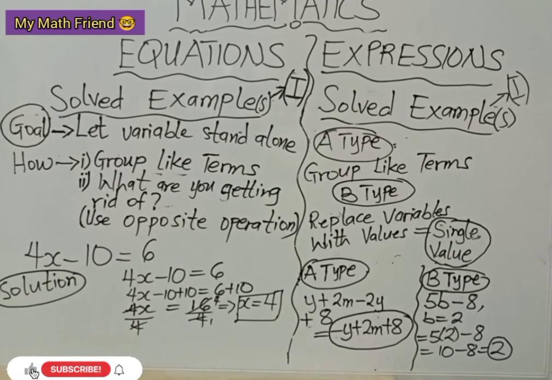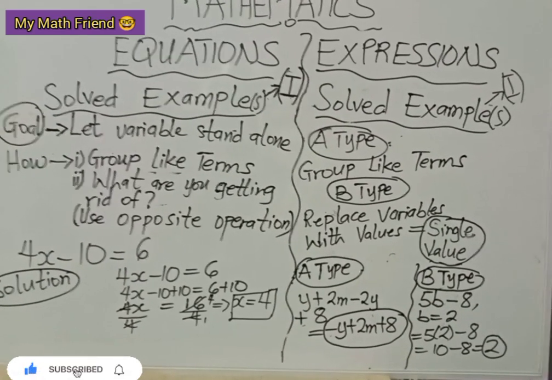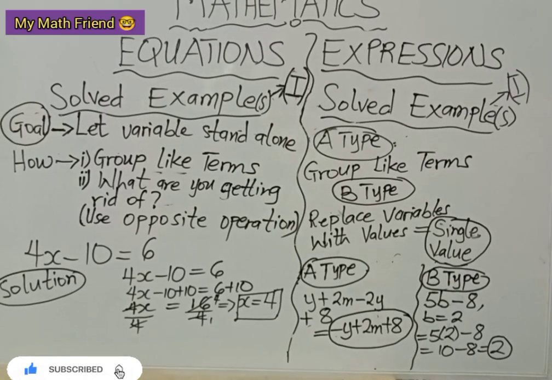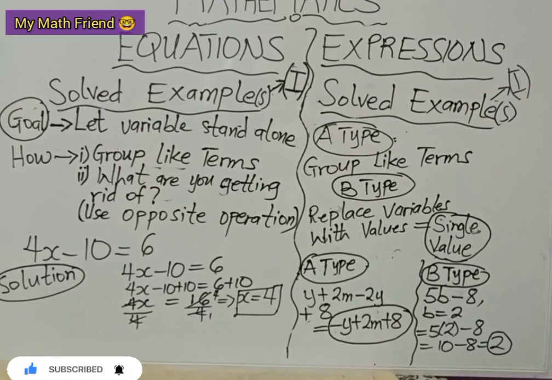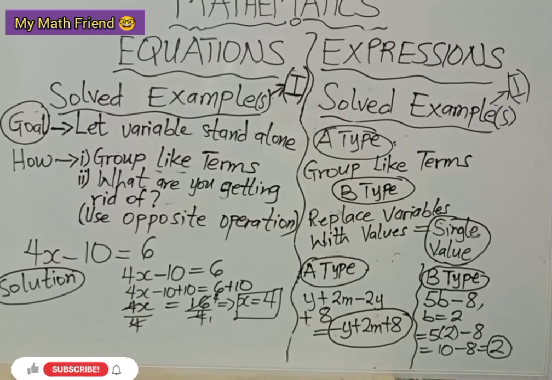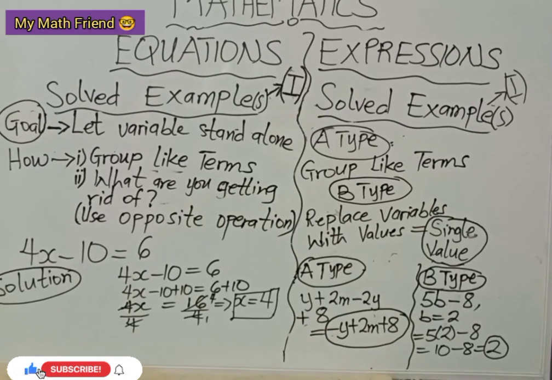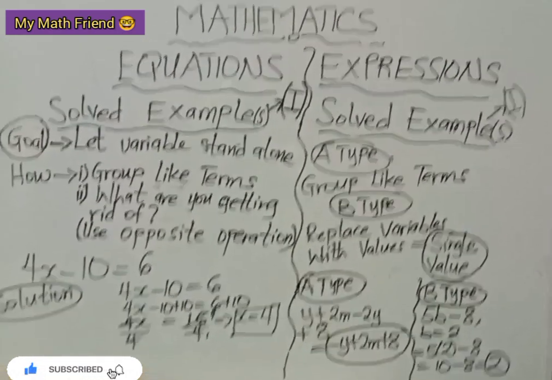So you have minus 10 plus 10 on the left, and on the right you have 6 plus 10. So let's look at what we have. We'll be left with 4x, and minus 10 plus 10 equals 0, so we don't need to write that. So we have 4x on the left equals 6 plus 10, giving us 16 on the right. Good. We are getting somewhere.